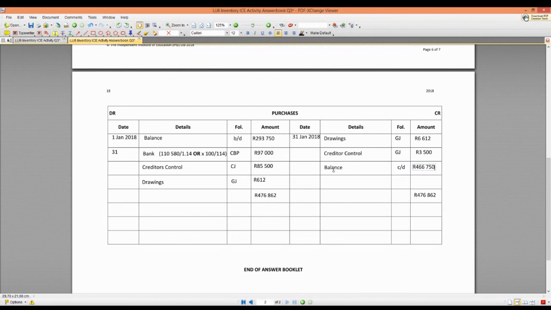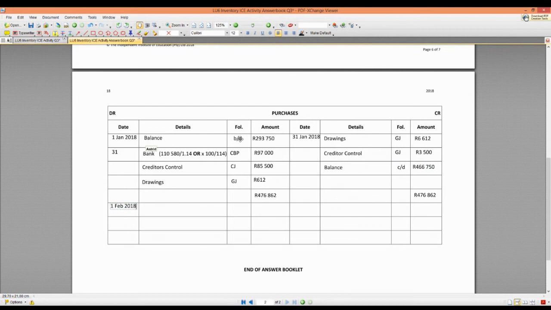Then the last step you have to do is this balance that you've balanced now, you have to carry it over to the following month because that is how you balance the account and you get a mark for carrying it over. So it is 1 Feb. And this is important that you add the date because otherwise you have not balanced it properly.